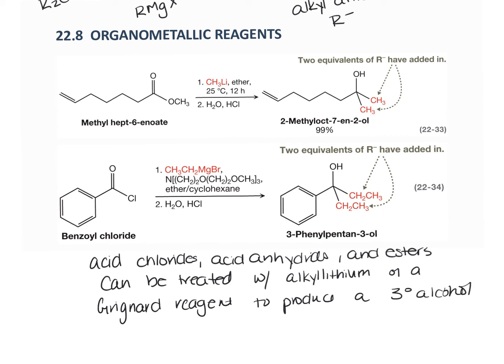Okay, and so in each of these cases, one of the things to be aware of is that two equivalents of the R- nucleophile have to add to produce that tertiary alcohol.